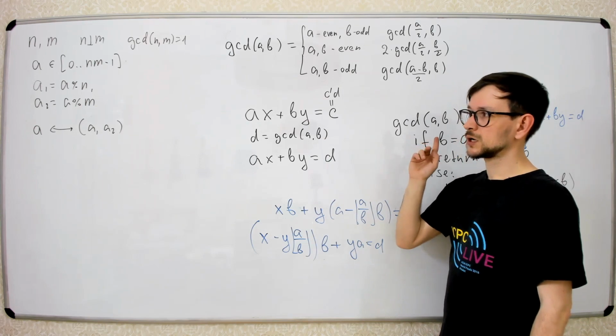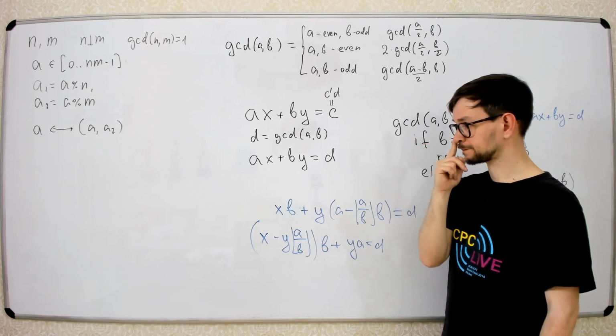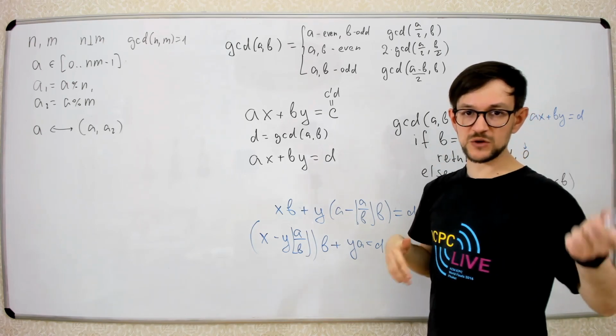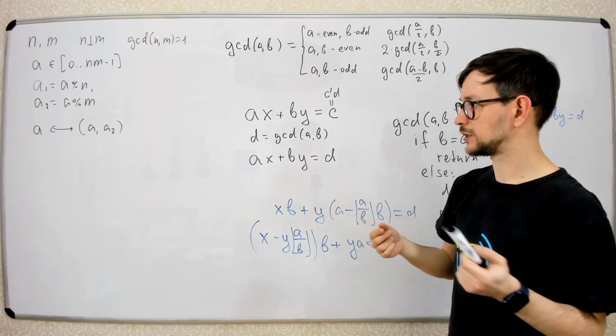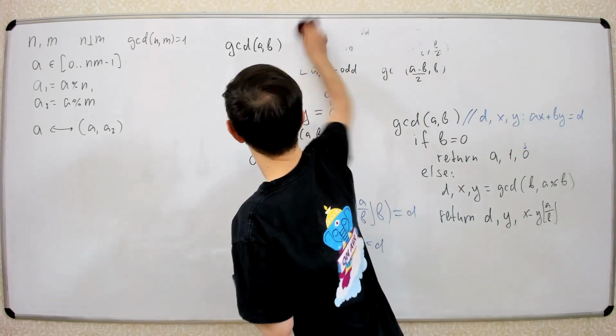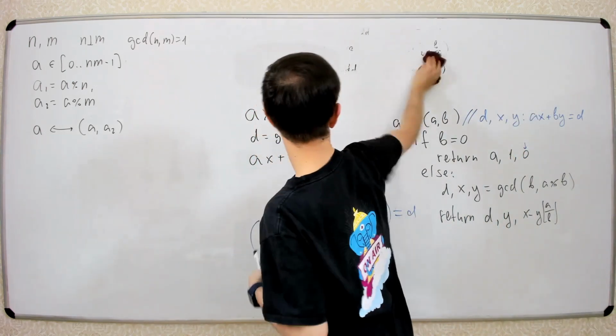Now, how to find number a if we know the pair of numbers a1 and a2? Again, let's have some example.